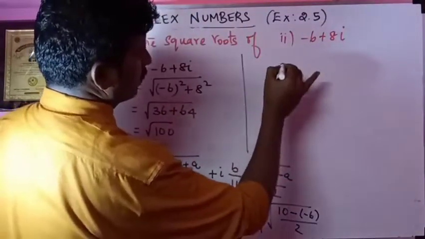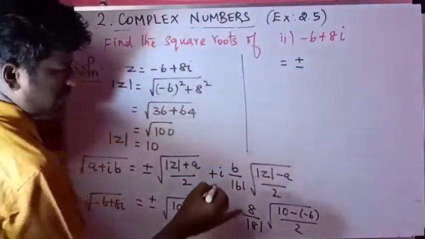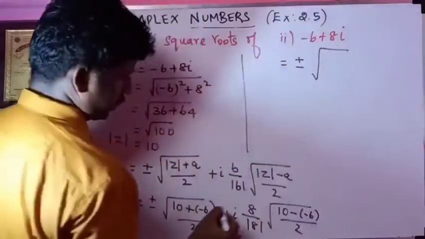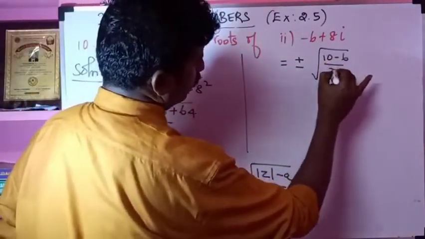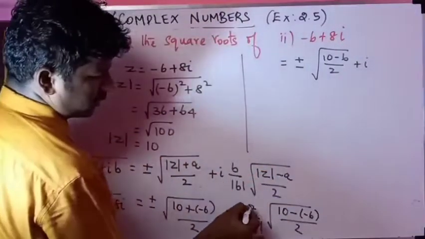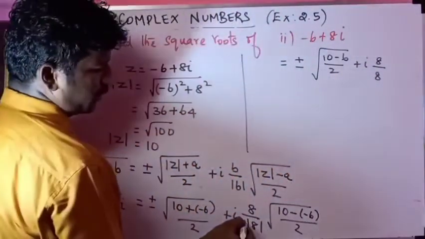So which is equal to plus or minus the root, this is 10 plus into minus, minus 10 minus 6 by 2 plus i, this is 8 by 8, right? Modulus 8 means 8.